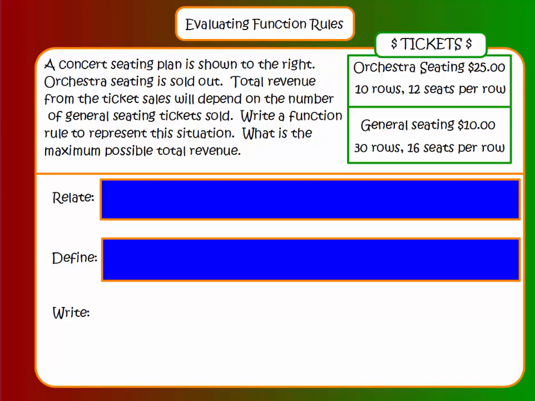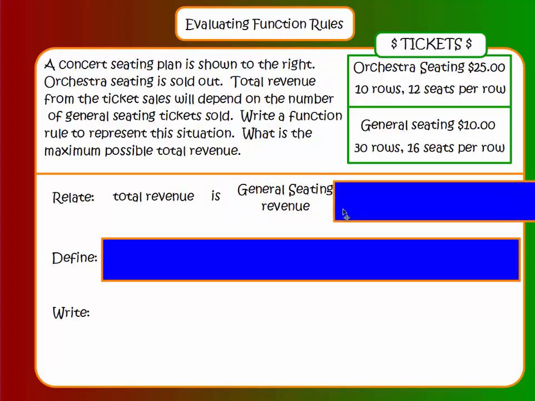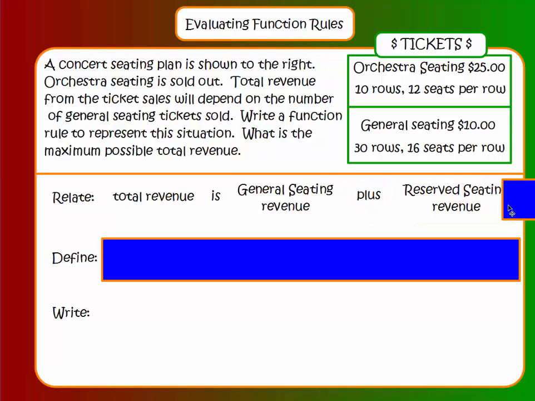Okay, first you see we're doing the same thing again. We're going to relate. So what is going on in this question? Well, we have the total revenue. We know that that's what we're going to be looking for. Is the general seating revenue, so whatever you are making from the general seating, plus the reserve seating revenue.